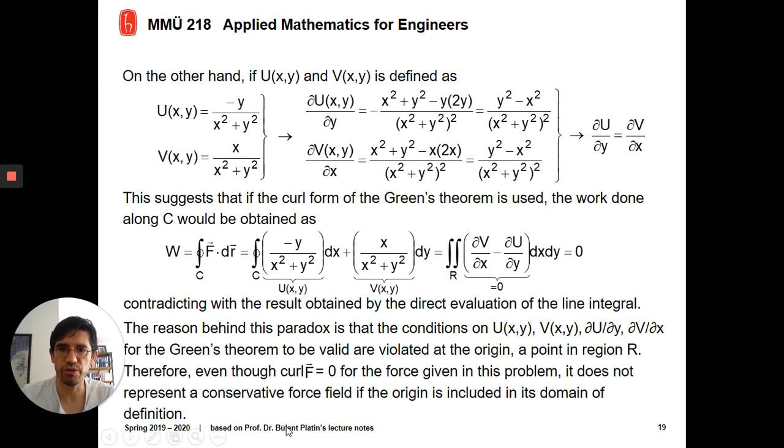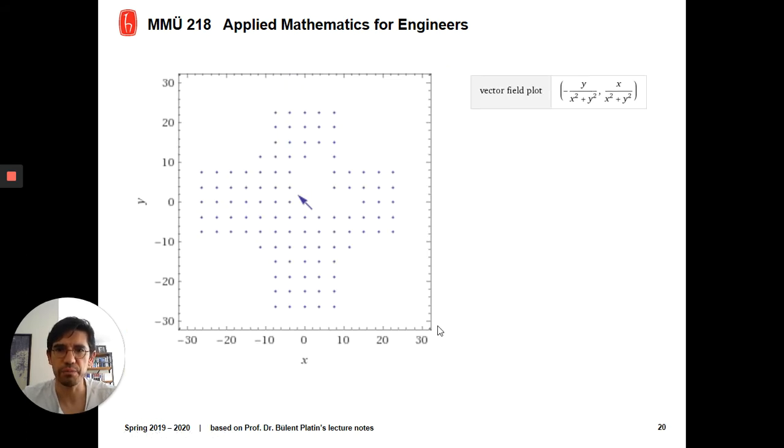The curl of f at the origin is 0, but the field is not conservative. It doesn't represent a conservative field. So you can understand that by drawing the field. Actually, my field doesn't come out to be as expected, or as usual, as we had seen before.